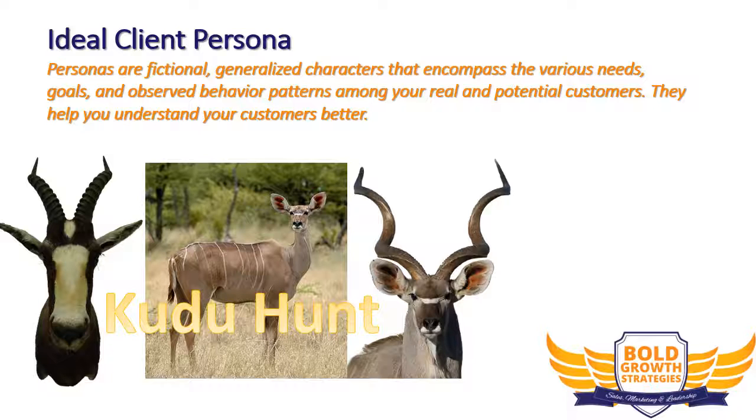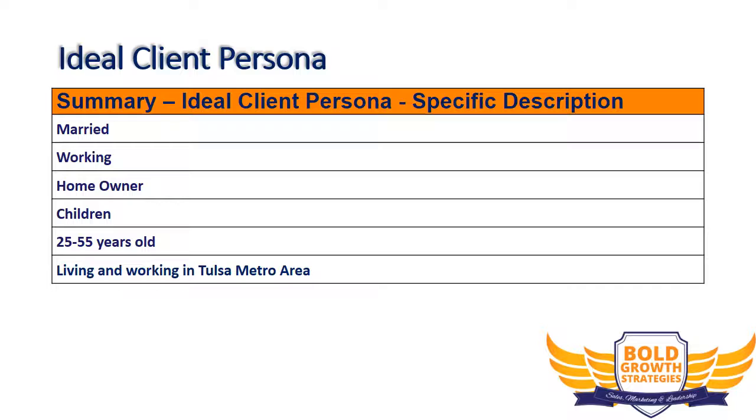And I do find that the kudu or the ideal client persona for different entities, so B2B or business to business, is different than business to consumer. Business to consumer has different criteria. And here's an example. This is for a life insurance company. A financial planner has this ideal client persona, and they give them a number of stars for how many of those they meet.